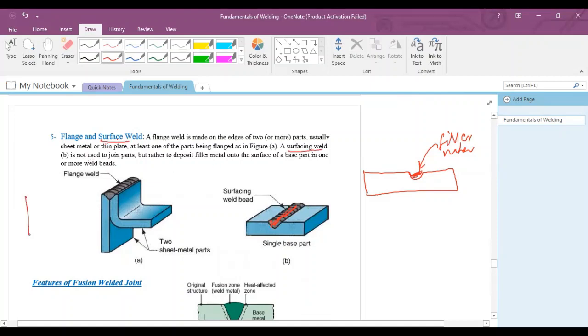And if you have one vertical flat part and the other one is an L-shaped part, then you can make a flange weld. Flange weld means you can weld from the top.